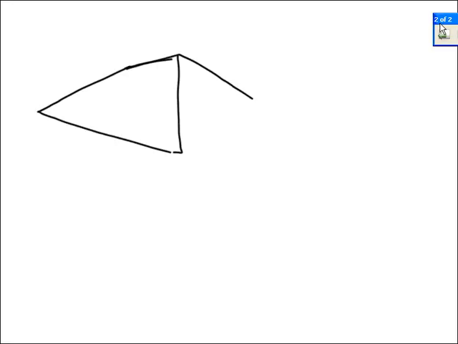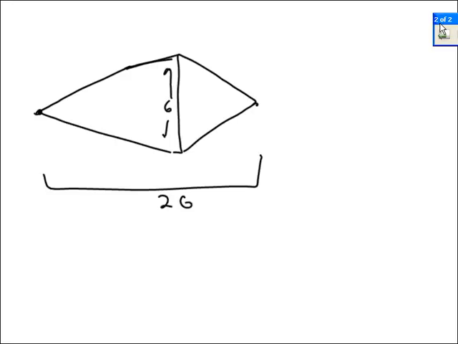Okay, so we'll work out some problems. Suppose you have this kite, where this is 6, and from here to here is 26. Well, the area of the kite, that is how much area is in here, and we'll assume that we are in inches.